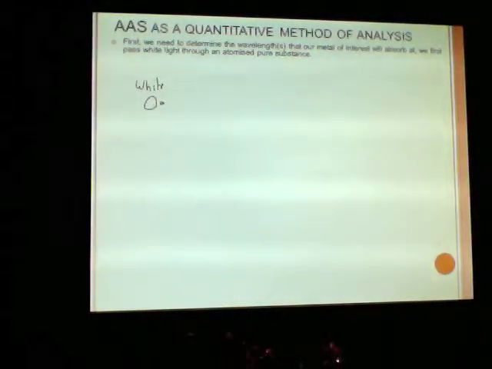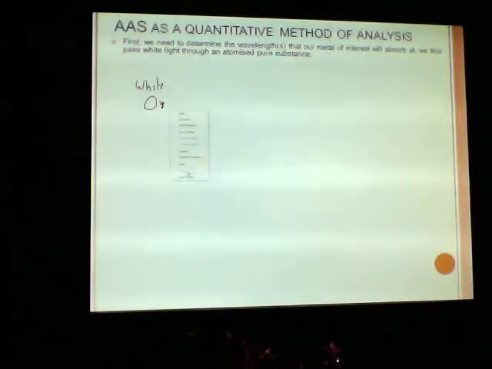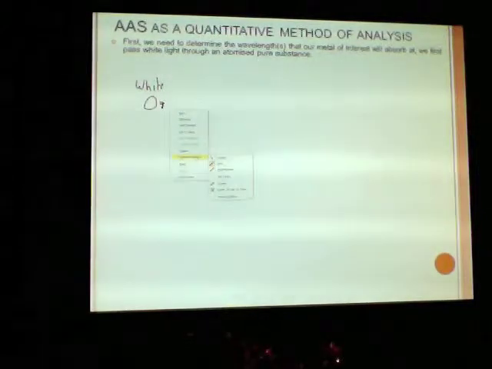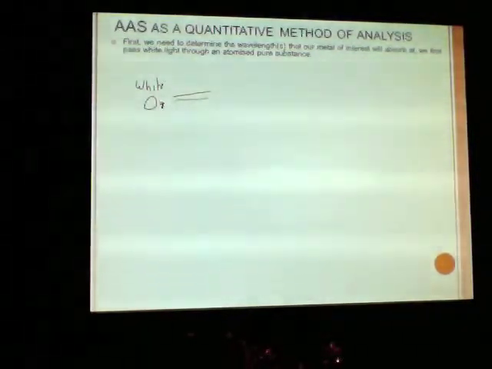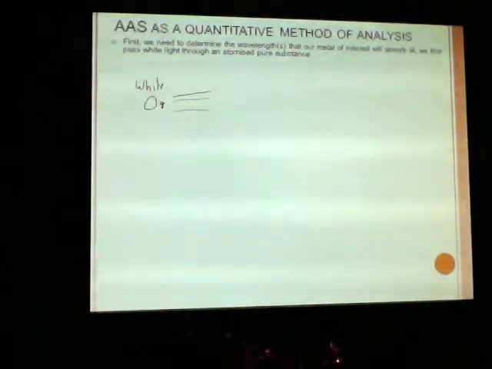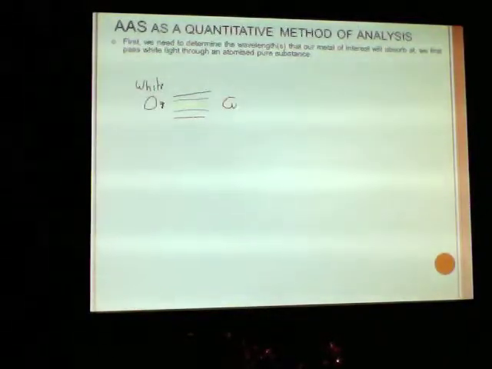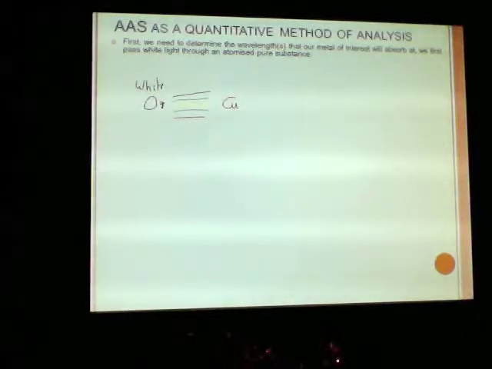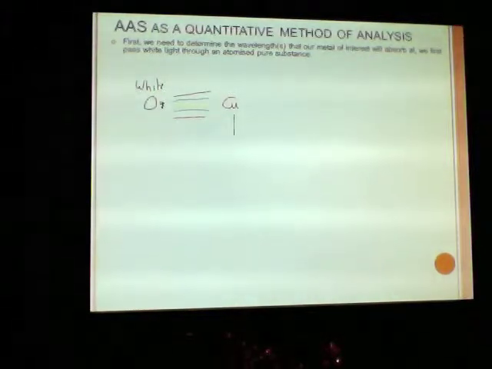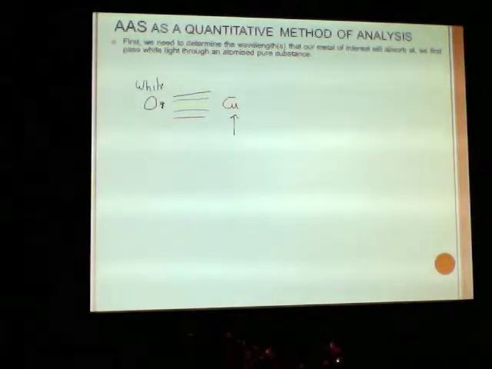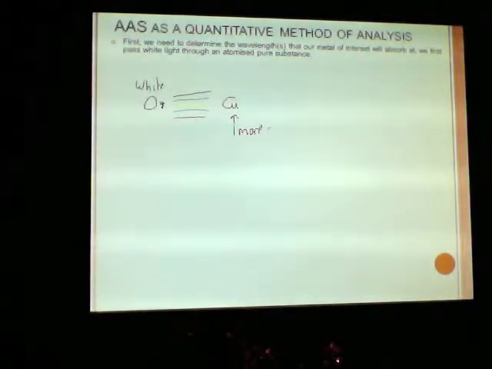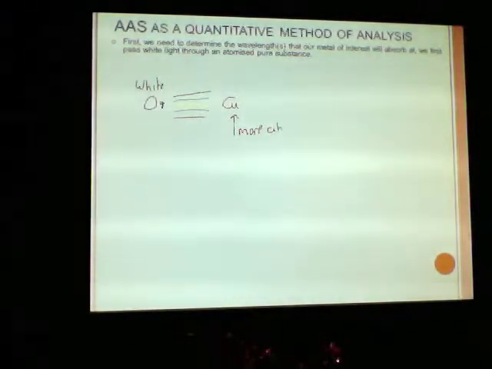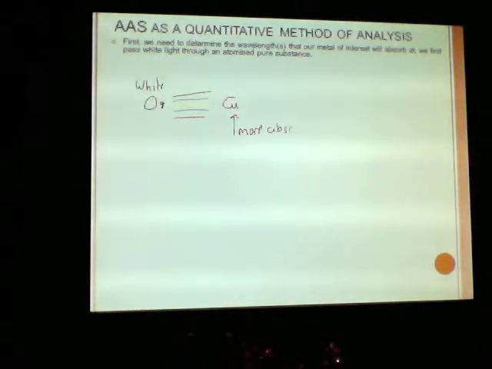We know that white light releases all of the different wavelengths, so let's draw them. Okay, and then we have copper here absorbing, and depending on how much, the more you have, the more absorbed. Yeah, the higher the concentration, the more absorbed.